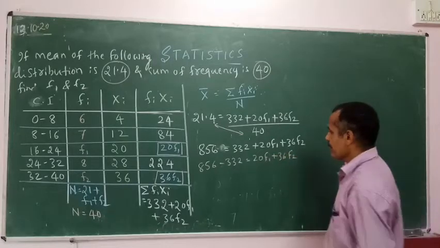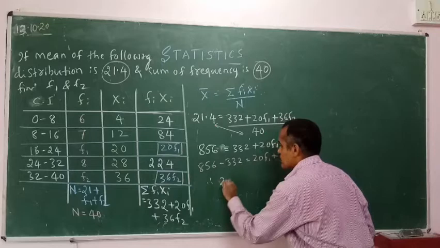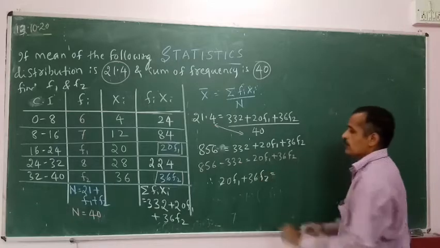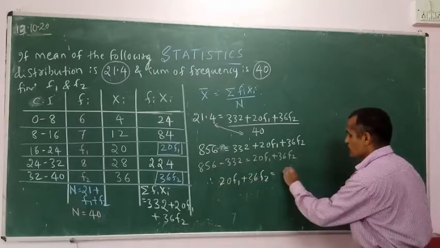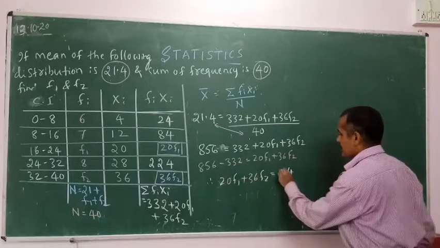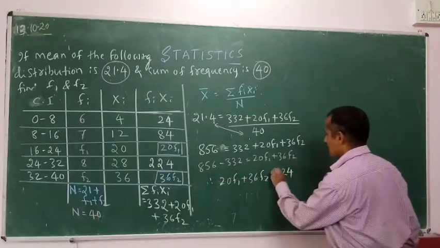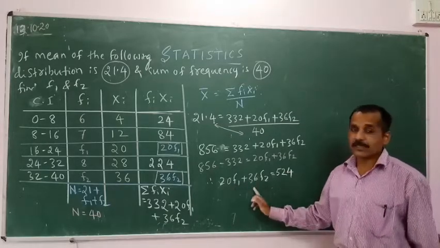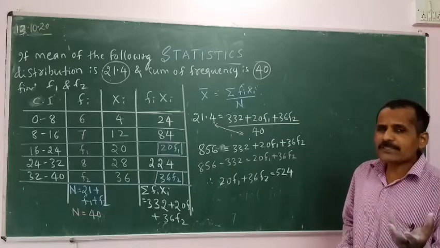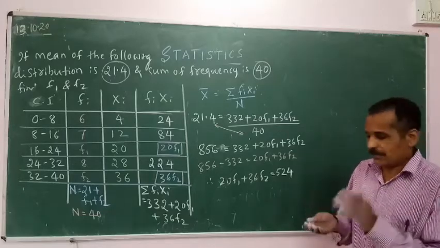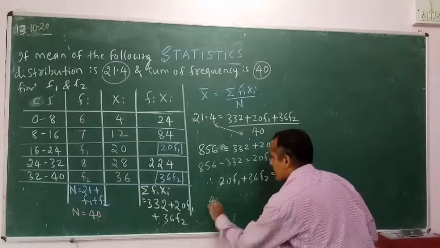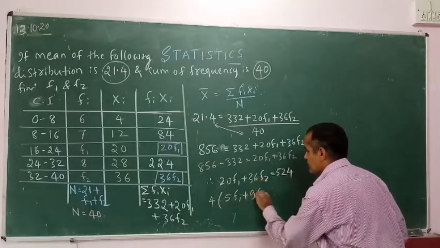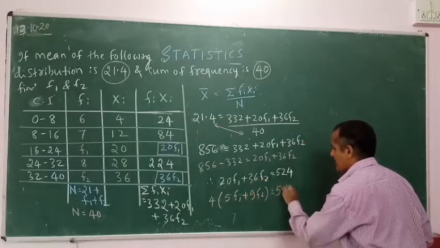If you subtract, how much? Therefore 20 f1 plus 36 f2 is equal to, 6 minus 2 gives you 4, 5 minus 3 gives you 2, 8 minus 3 gives you 5, so 524.